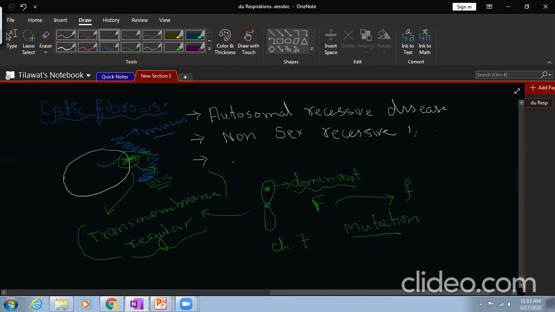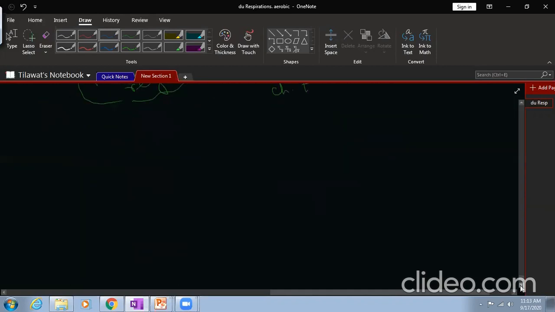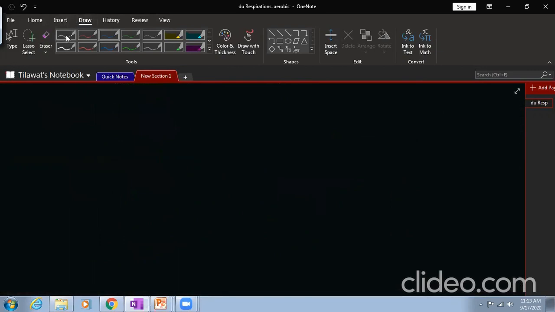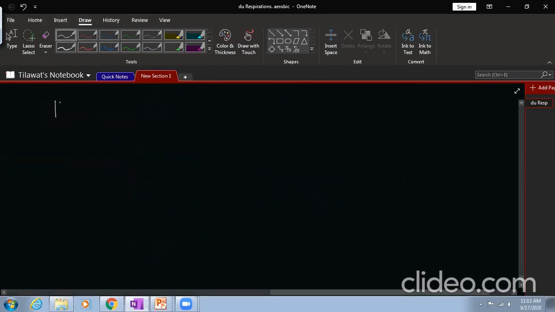Okay, now for this we have two conditions. As I discussed with you, one is dominant, another is recessive. This is the normal form, dominant, while this one is recessive, the mutated form through which the disease, this disorder, can happen.